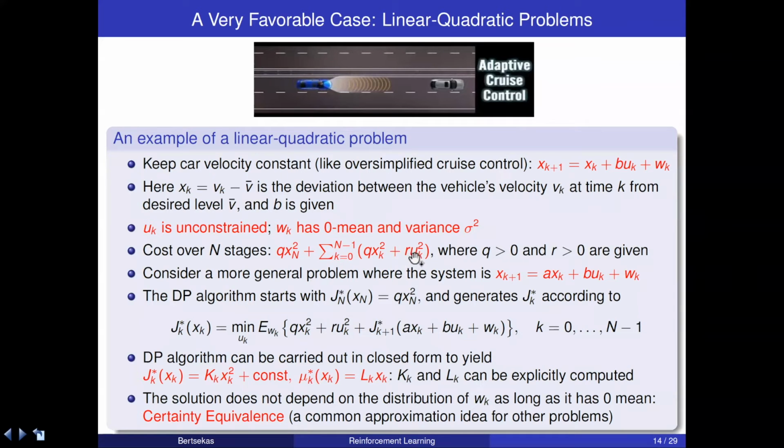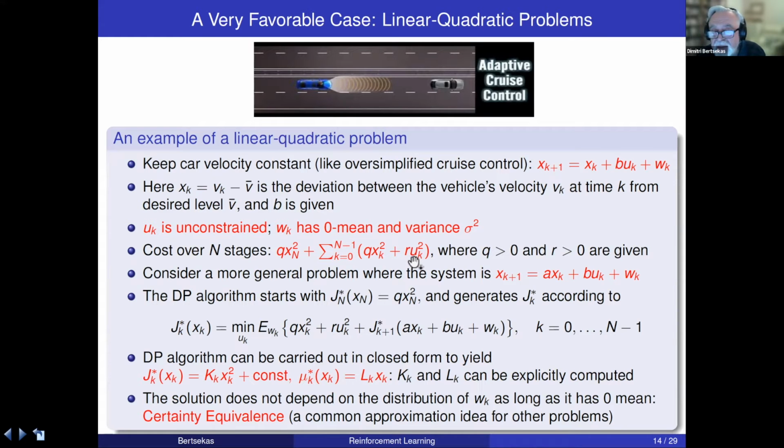Yeah, we want the size of control to be relatively small, and there are a number of reasons for that. We don't want the control to be very large because it may cost us a lot in some real sense, in some practical sense.